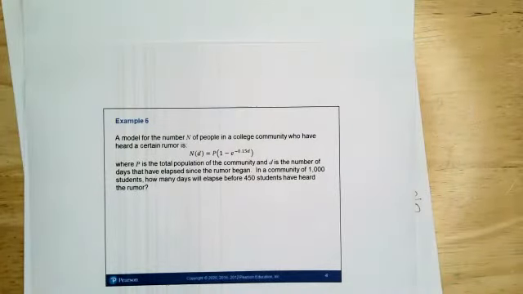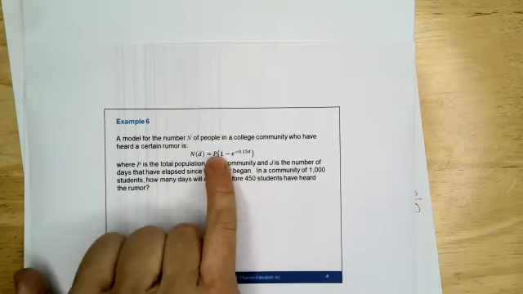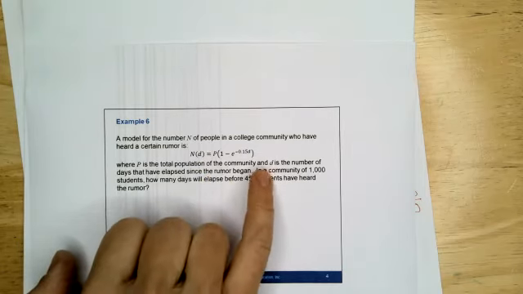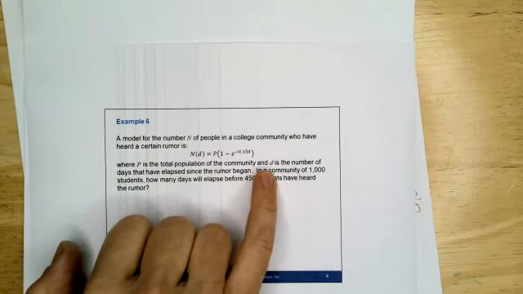And finally, a real life model for an exponential function. All right, this is the number of people in a college community who have heard a rumor. So the number of people is equal to the total population P of the entire school community.